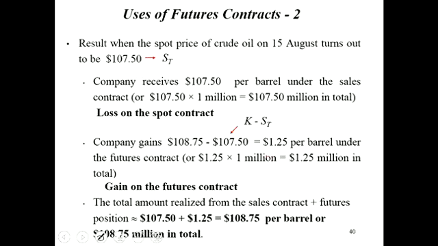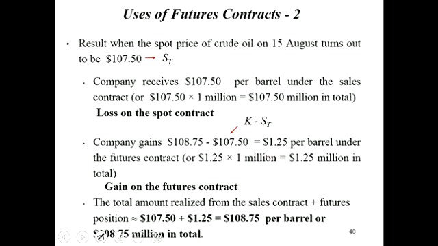They entered the contract price at $108.75 per barrel. They got enough of them that independent of whether the price went down or went up, they got $108.75 per barrel when they delivered it. Most of it came from a spot market sale.